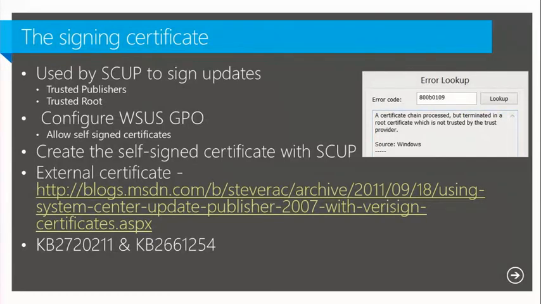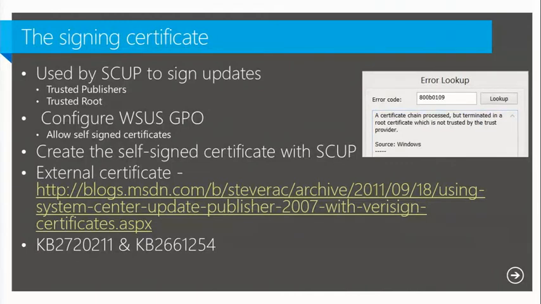If you already have a self-signed certificate and you created it prior to applying 2720211, you will need to recreate and redistribute that certificate. If you haven't done it yet, I would encourage you to first apply the update and then create the certificate, so it's 2K bits from the start.